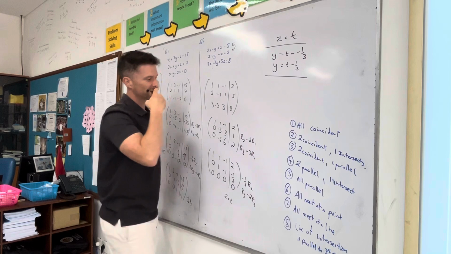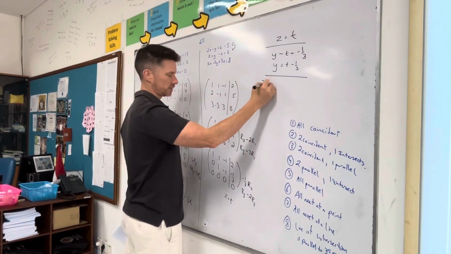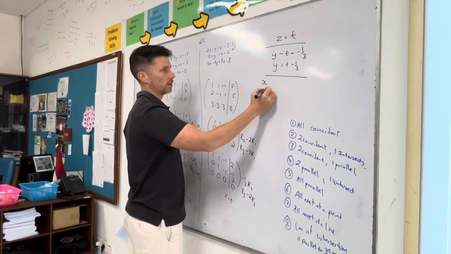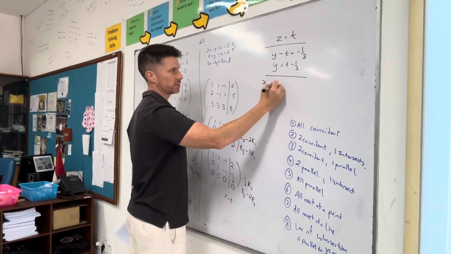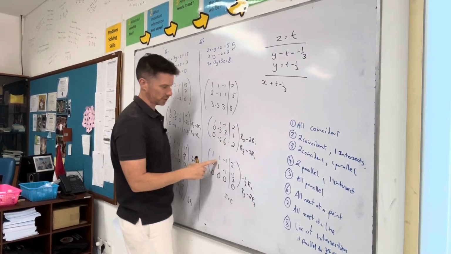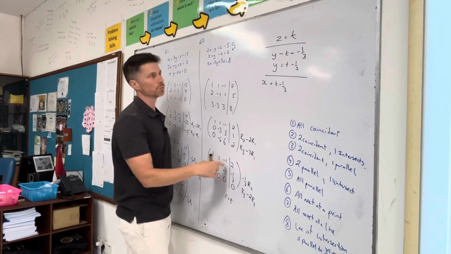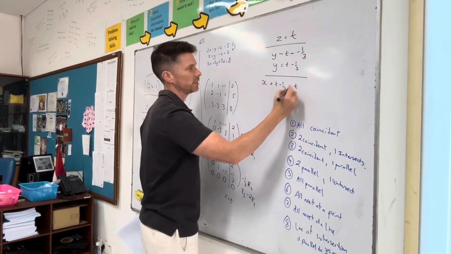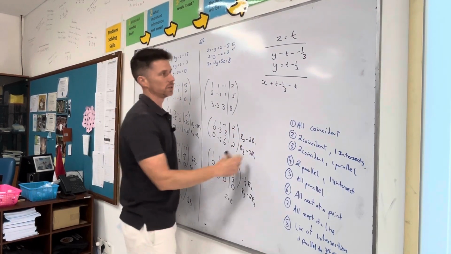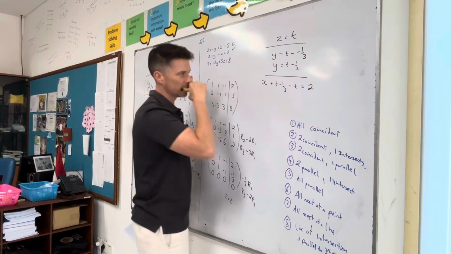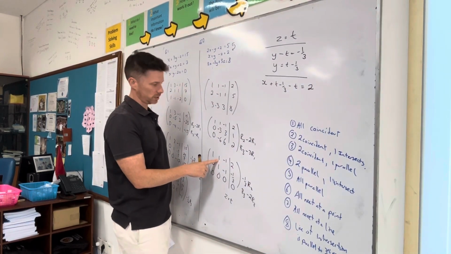And my final answer then is x, y, z. So I'm using this line, minus 1 minus t is equal to 2. So this is x, y, and z.